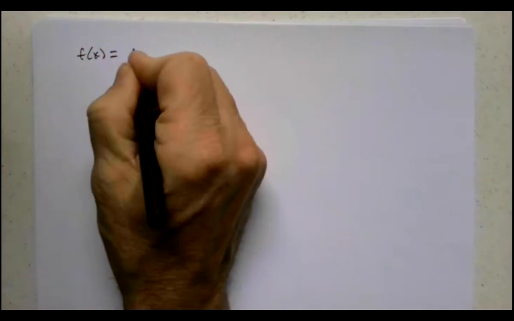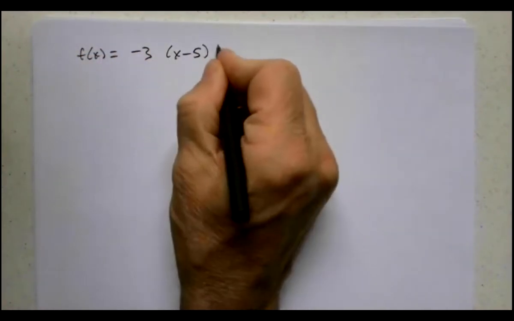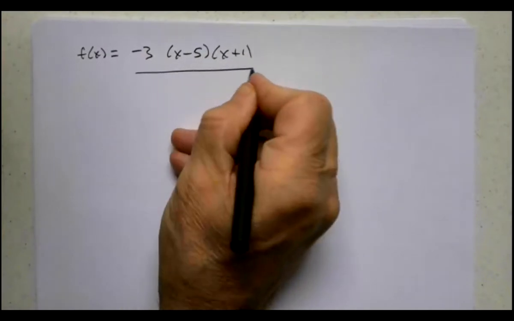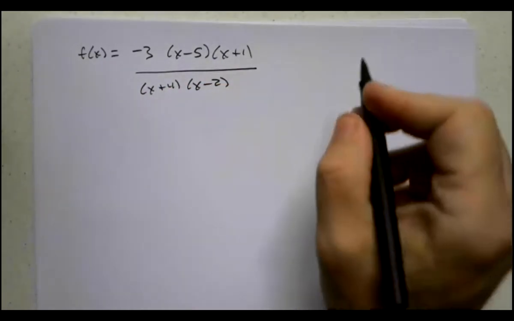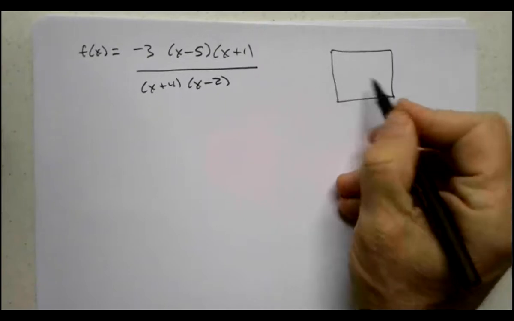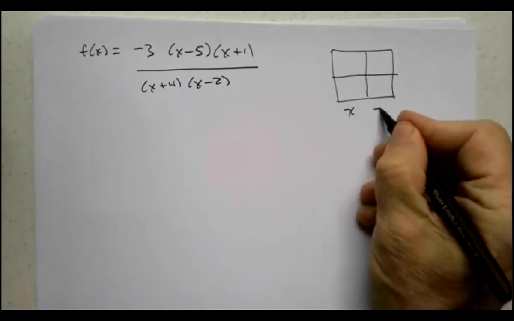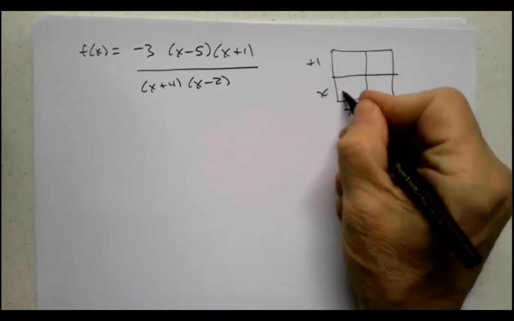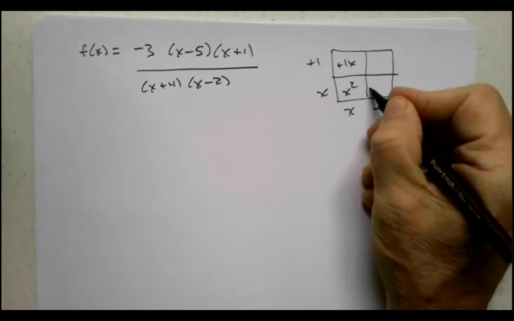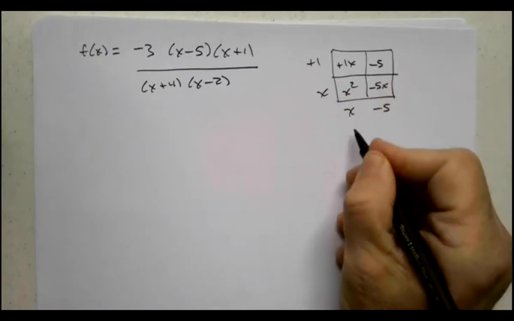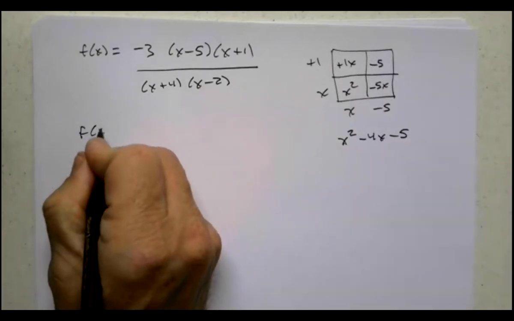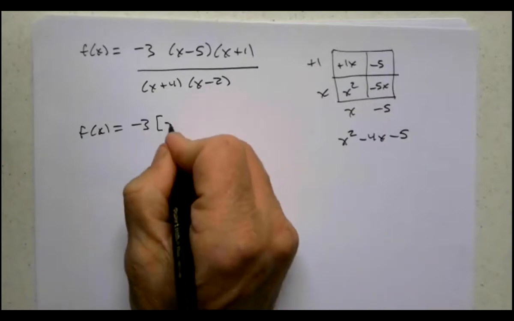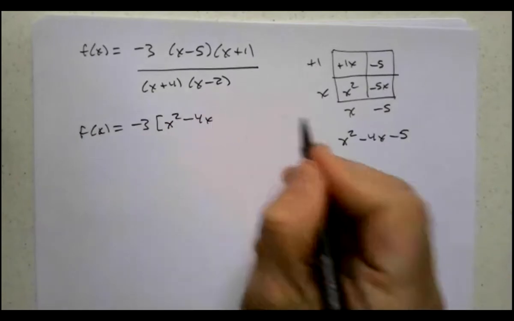Here we have f(x) = -3(x - 5)(x + 1) over (x + 4)(x - 2). If I multiply out (x - 5)(x + 1), I get x squared + 1x - 5x - 5, which is x squared - 4x - 5. So upstairs I have -3 times (x squared - 4x - 5).